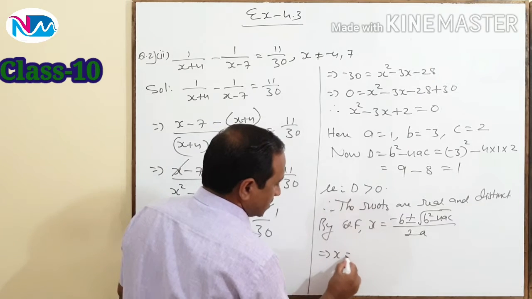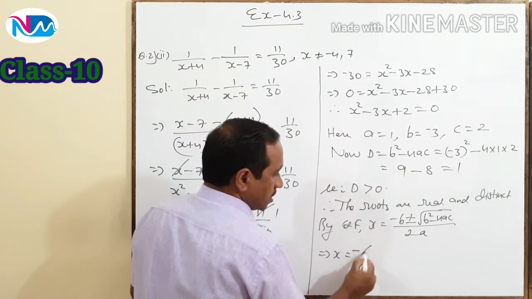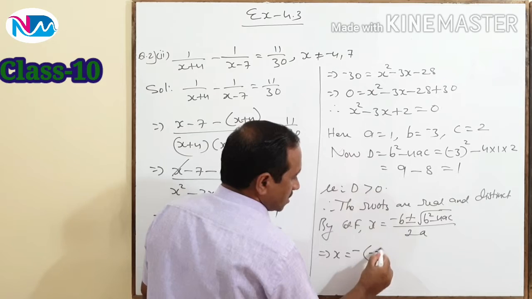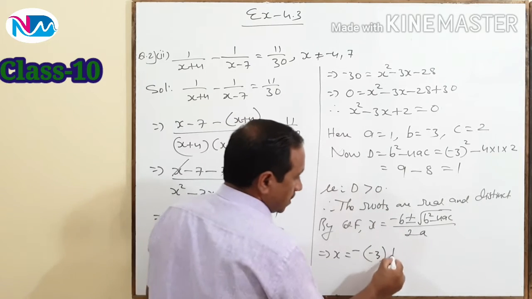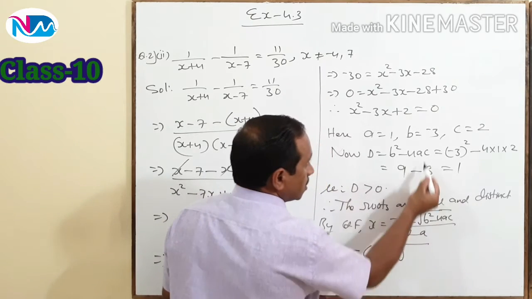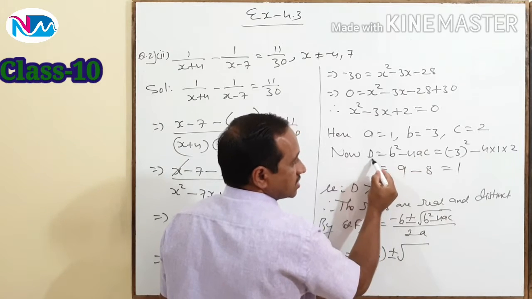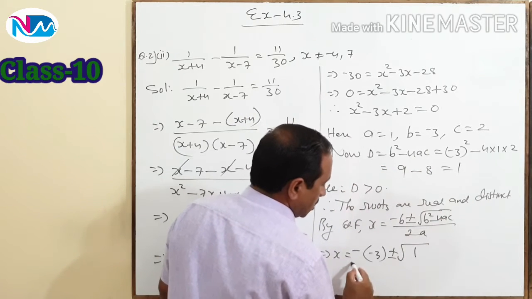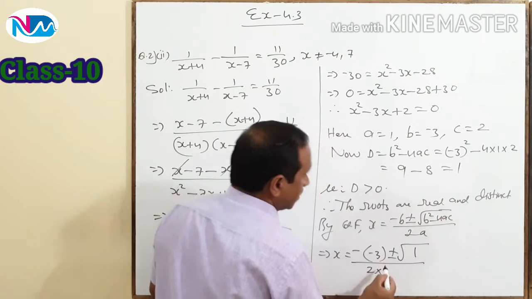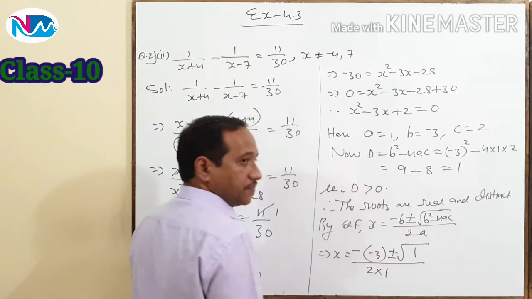That gives x is equal to minus, the value of b is minus 3. So minus of minus 3 plus or minus root of b square minus 4ac, which is D, which is 1, divided by 2a, that is 2 into 1.